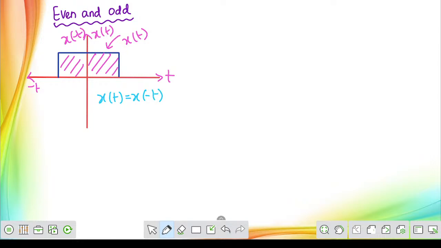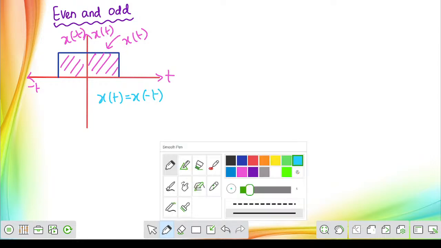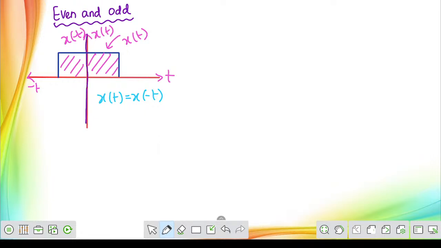From this, what can you conclude? If any signal is symmetric with respect to the y-axis, both the left and right hand sides of the y-axis being symmetric to each other, then you can define that signal as an even signal. That's it. One more example you can take is the cosine waveform.